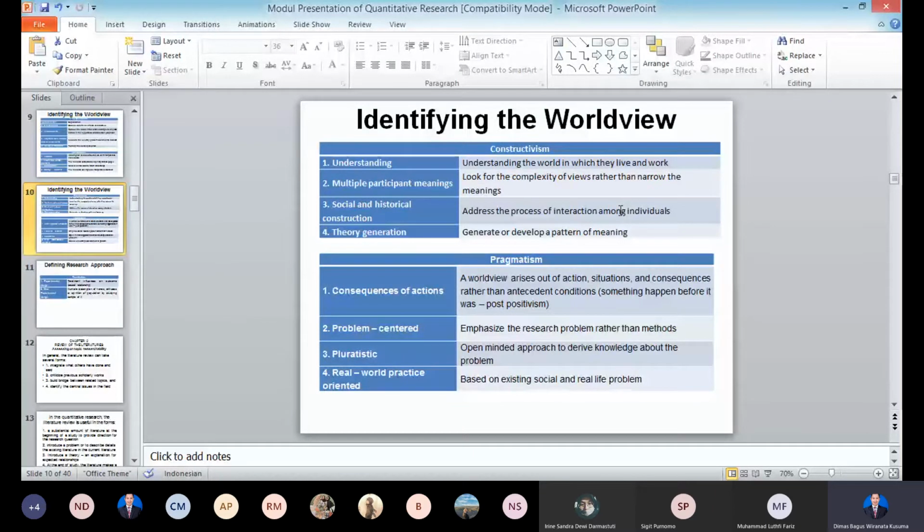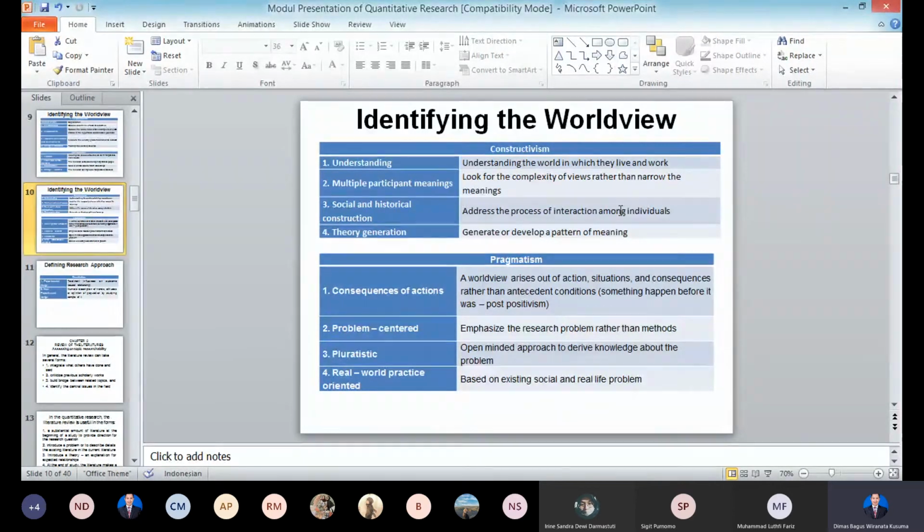But in the pragmatism approach, you focus only on the problem, regardless of what method you are going to use, because you are going to solve the problem. Therefore, because you are focused on the problem, you have a pluralistic, open-minded approach. You receive so many views and suggestions, and in the end it is real-world practice oriented.